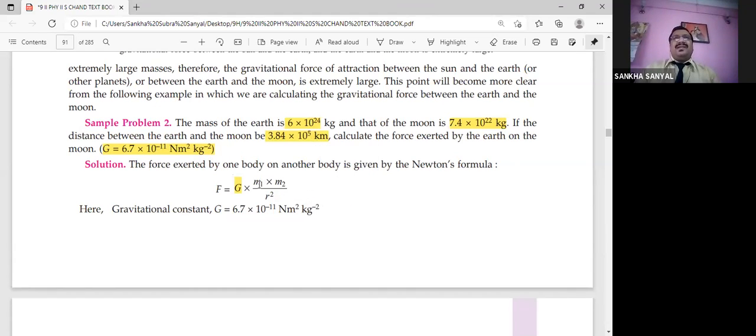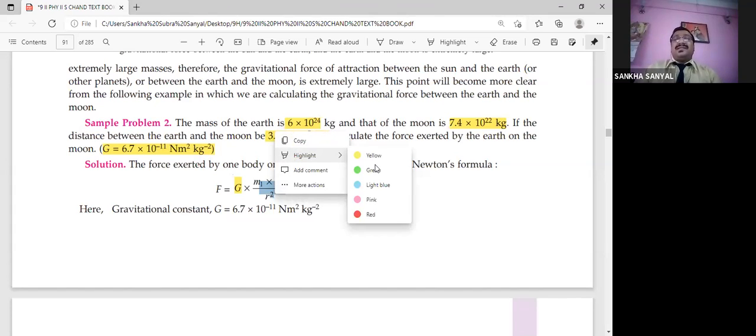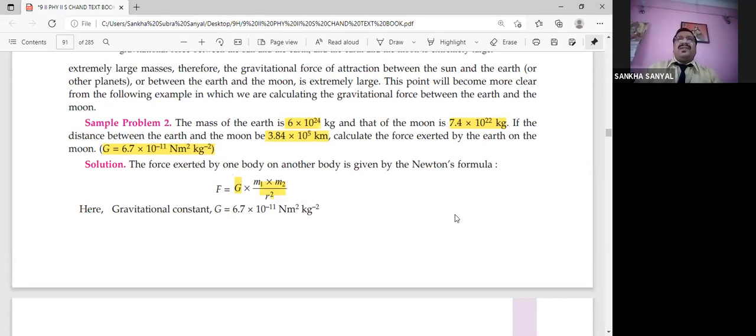The value of M1 is 6 into 10 to the power 24, whereas the mass of the moon is provided to us as 7.4 into 10 to the power 22 kg. Got it? And the value of the distance, that is r, between the two bodies, the earth and the moon, is 3.84 into 10 to the power 8 meter. Remember, we need to convert it into meters.